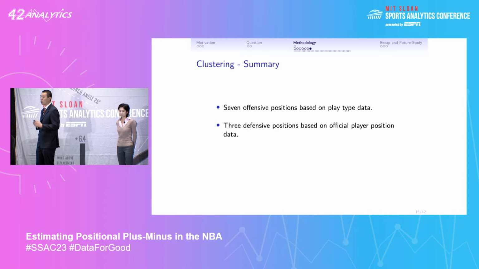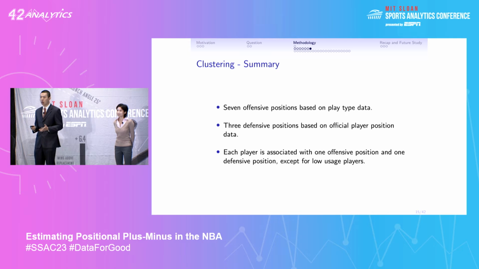We also redefined 3 defensive positions based on official player position data. Overall, each player in our study is associated with one offensive position and one defensive position, except for low usage players who are not associated with any player positions in our study.